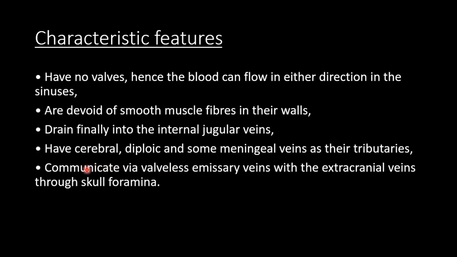Okay, they communicate via valveless emissary veins with the extracranial veins through skull foramina. I hope you have looked at the skull foramina, and for each foramen you looked at, I'm sure you saw an emissary vein going through it.